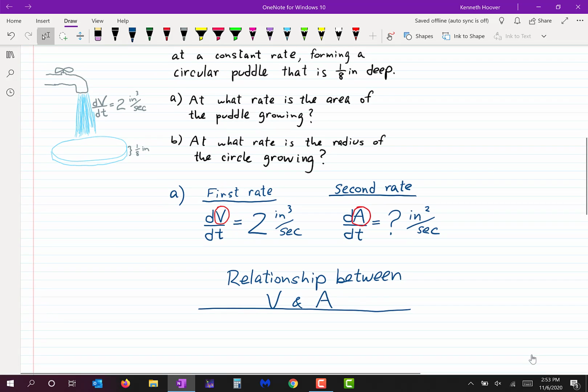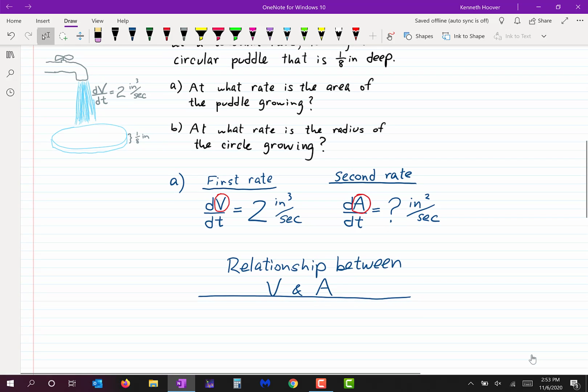Well, the first derivative is the derivative of volume, and the shape I'm looking at is a cylinder. So I'm going to start by writing down how you find the volume of a cylinder. Okay, let's write that down. The volume of a cylinder is equal to pi r squared times h.